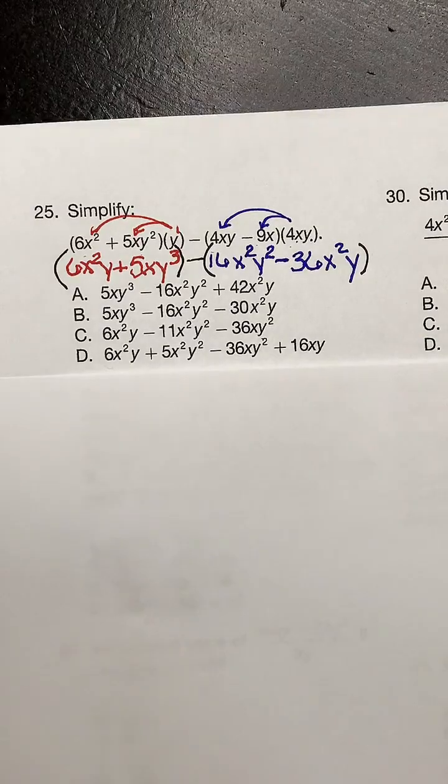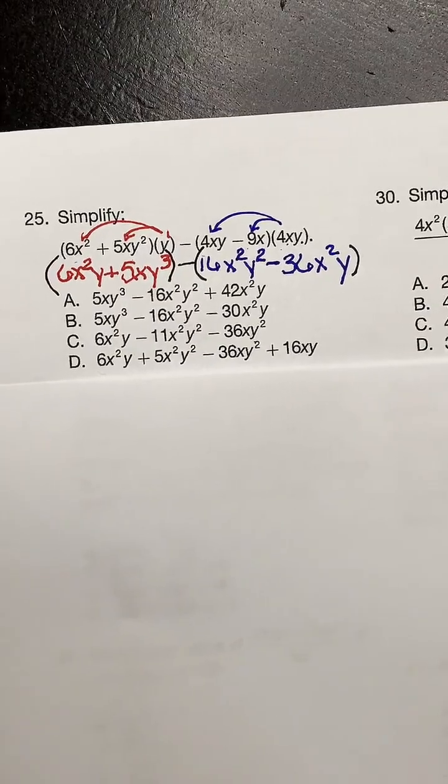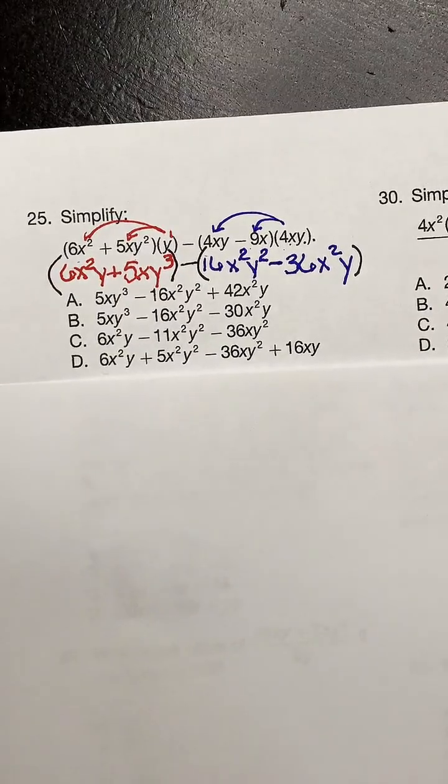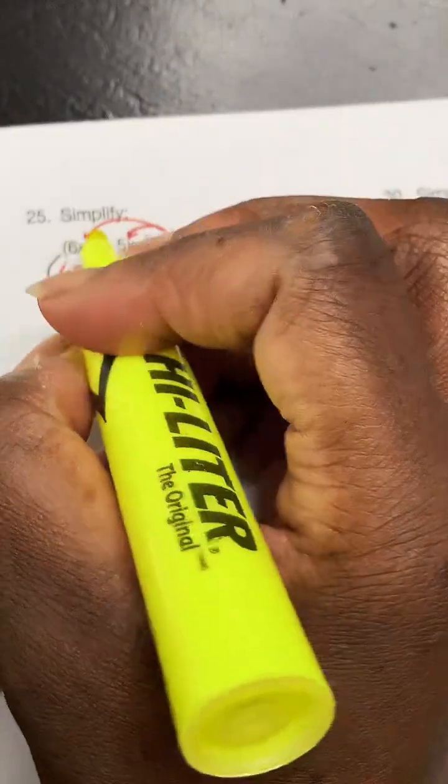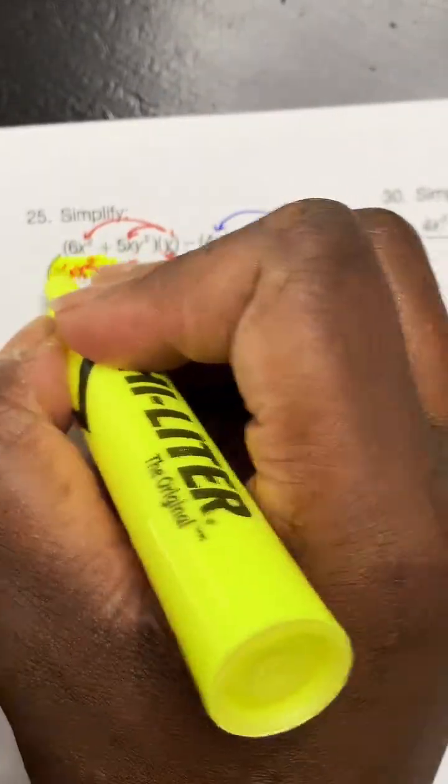We are subtracting. Now, when we subtract, we want to combine like terms. So that means they have to have the same variable and exponent combination. So the only thing I see is this 6x squared y, which I'm going to highlight so you can see it a lot better.